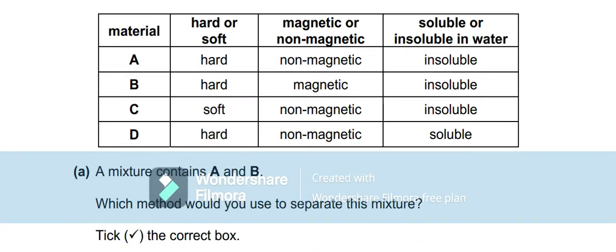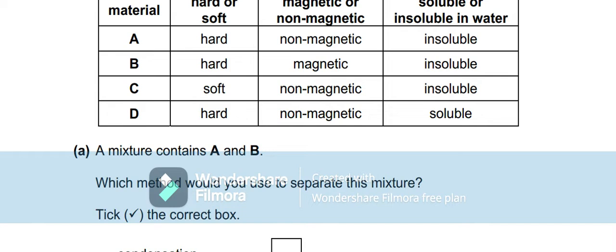Then the question says, a mixture contains A and B. Which method would you use to separate this mixture? So I go to A and look at the properties of A. A is hard.